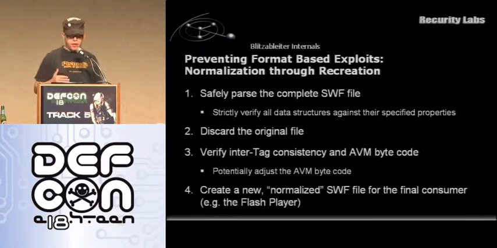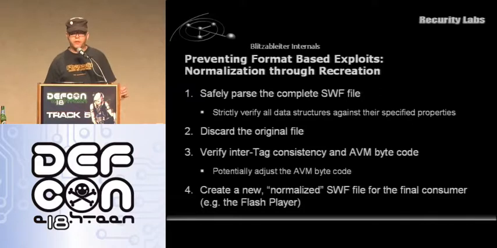So what Blitzableiter does is what I call normalization through recreation. We ensure we parse everything that we find in the greatest detail we possibly can, based on the specification. We're really strict on enforcing that all the cross-references and all the relations between length fields, pointers, indexes, all that are completely tested and completely understood.